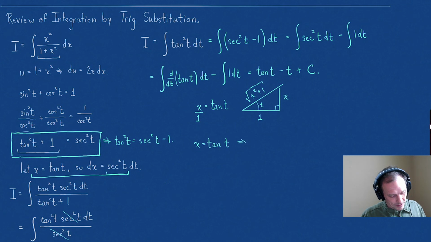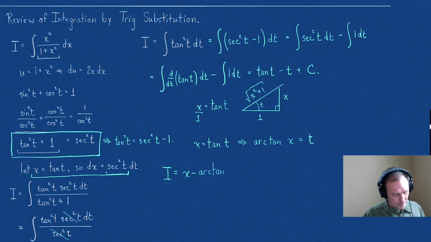Well, this implies that if I take the arctangent of both sides, the arctangent of x equals t. And now I can rewrite. So my integral becomes the tangent of t, but that's x, minus t, but t is the arctangent of x, plus my constant of integration, c.